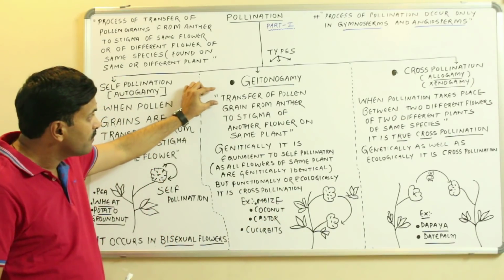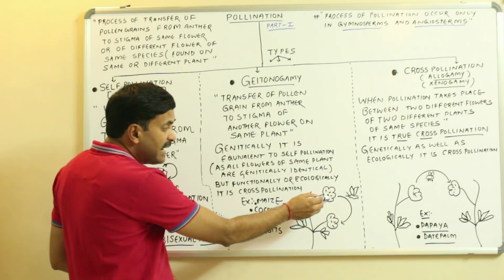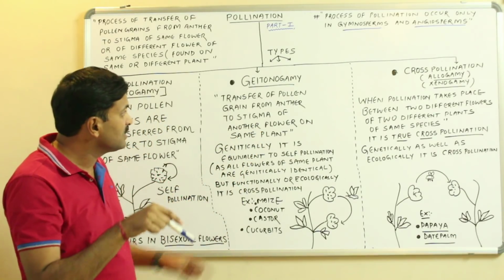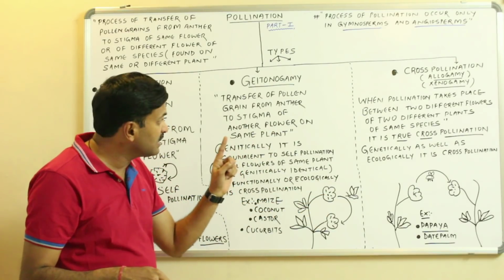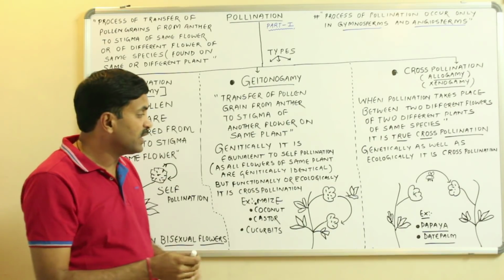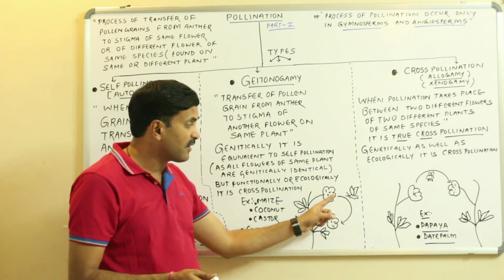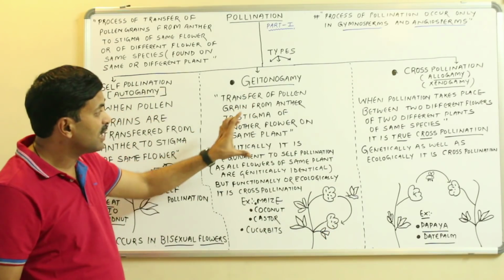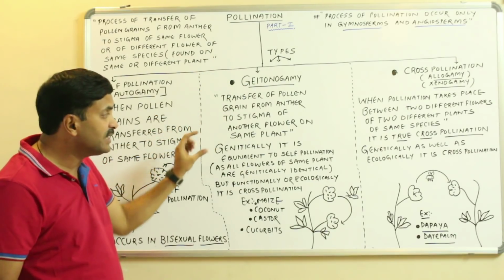Transfer of pollen grain from anther to stigma of another flower on the same plant. The plant is one, the flowers are two: one is a male flower, another is a female flower. From the male flower, the pollen grains are transferred to the stigma of the female flower. Such a type of pollination is called geitonogamy.